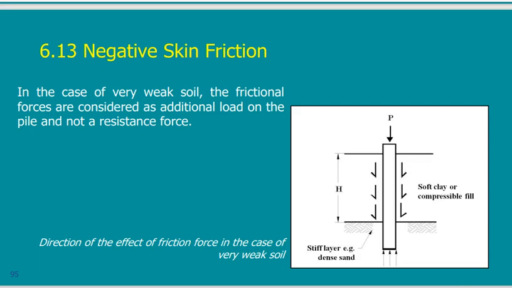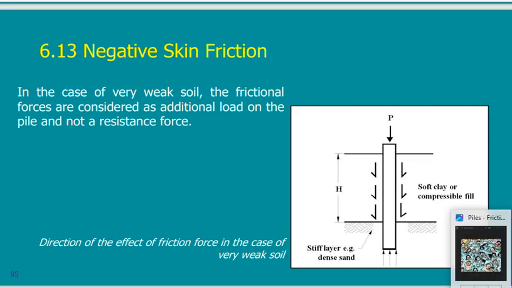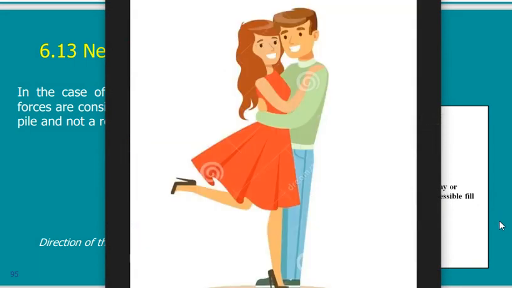To go to the negative skin friction, I have to see this photo. Two persons dancing together. If suddenly one of them has a problem with his legs, what will happen? Imagine that this person is more or less carrying the girl in front of him.